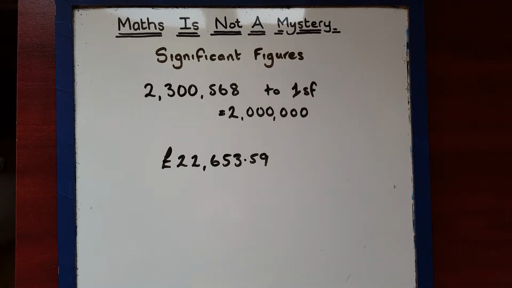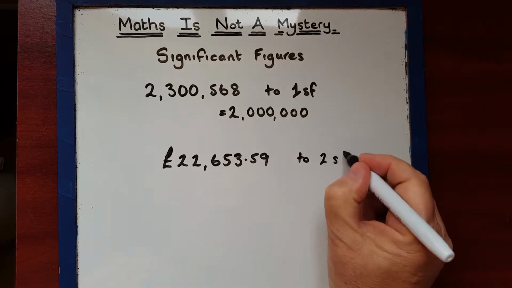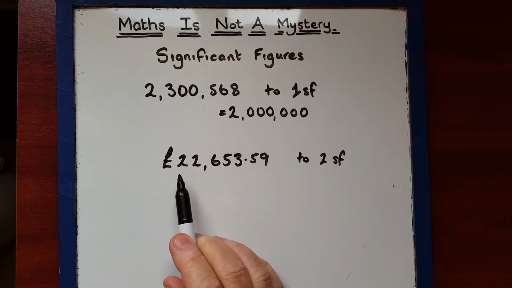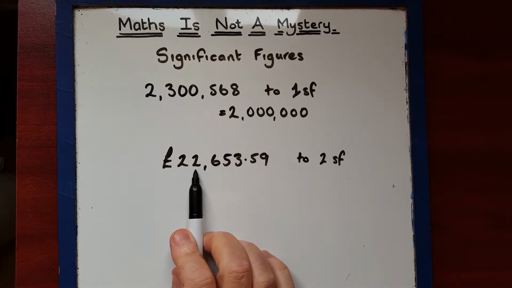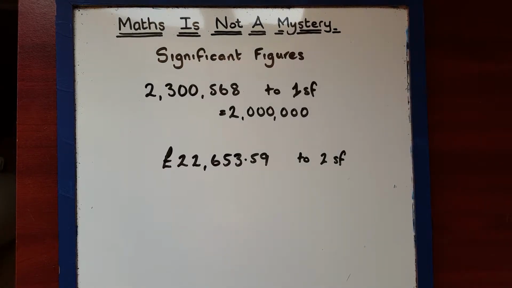And really, they're probably not that bothered about much of the detail. So if we were to write this to 2 significant figures, then what we're going to be doing is starting from the very beginning, because these are the most significant figures. That's worth tens of thousands, that's worth thousands, that's worth hundreds, tens, units, and various bits of pence.